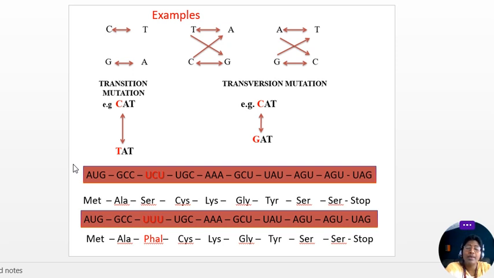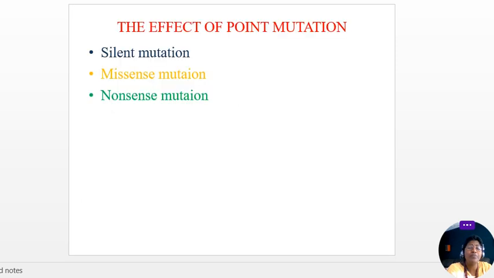So the base-changed codon produces a different amino acid, and we get a polypeptide whose sequence is mutated. In that particular position we get a different amino acid. So this is the example for transition and transversion type mutation.